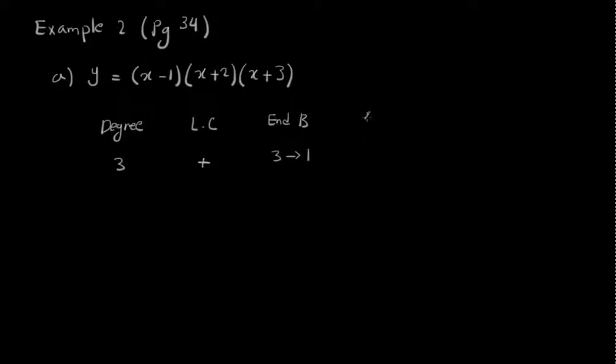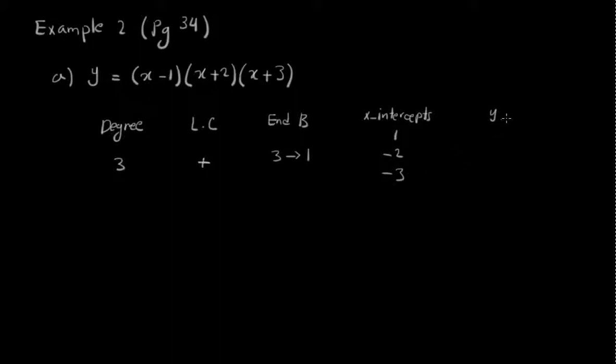Next, we're gonna find the x-intercepts. We have the first one at 1, another one at -2, and another one at -3. So 1, -2, and -3 are the x-intercepts.